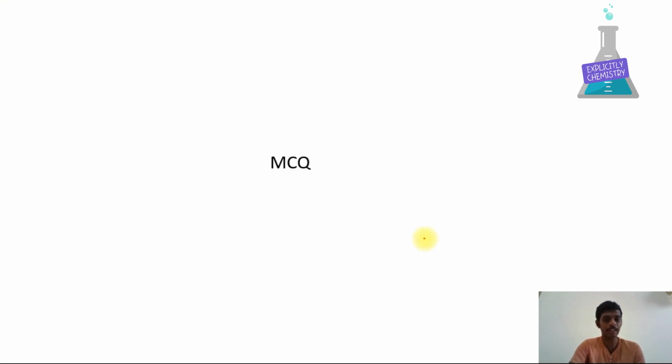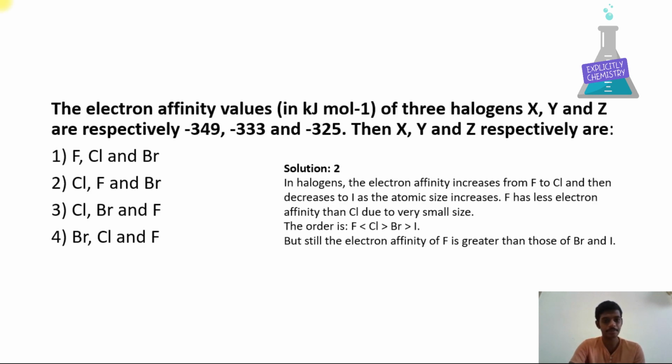We are going to solve some multiple choice questions. First question: the electron affinity values in kilojoules per mole of three halogens X, Y and Z are respectively given as -349, -333 and -325. Then X, Y and Z respectively are? The options are given. In halogens, the electron affinity or electron gain enthalpy increases from fluorine to chlorine and then decreases to iodine as the atomic size increases.